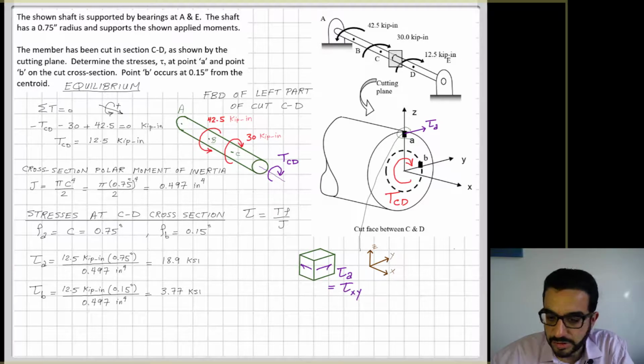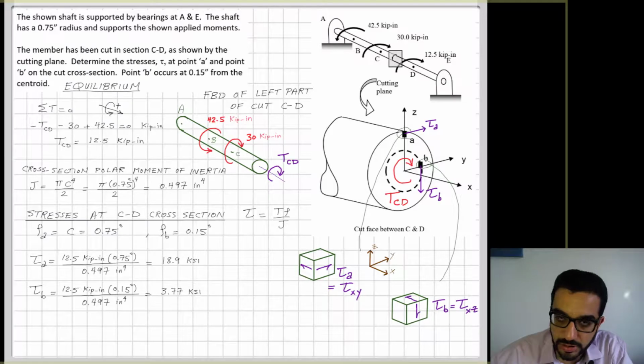Tau B now, everything is the same, but changing rho to be equal to 0.15 inches. And now I see I have a reduced value for shear stress, because now I have a point closer to the centroid of the section. Now if I zoom at B, I'll find the tangent of the torque at this point will be the direction of tau.